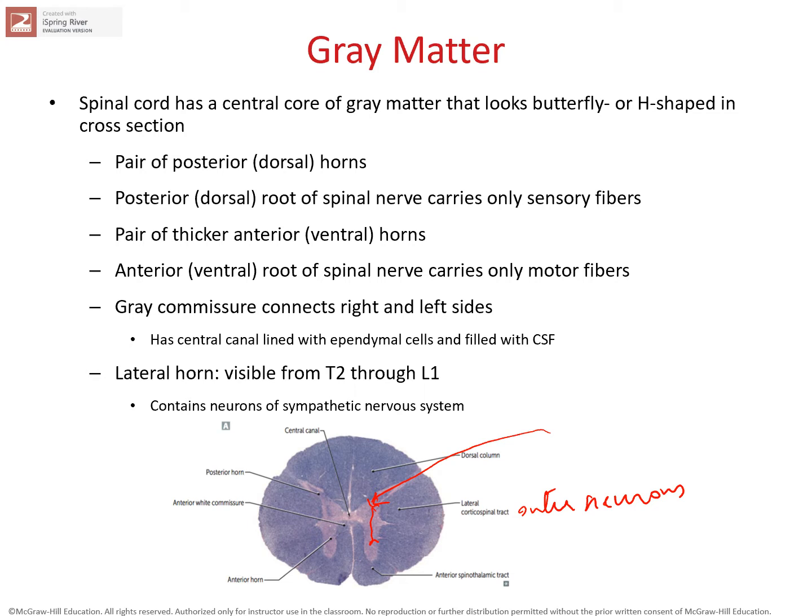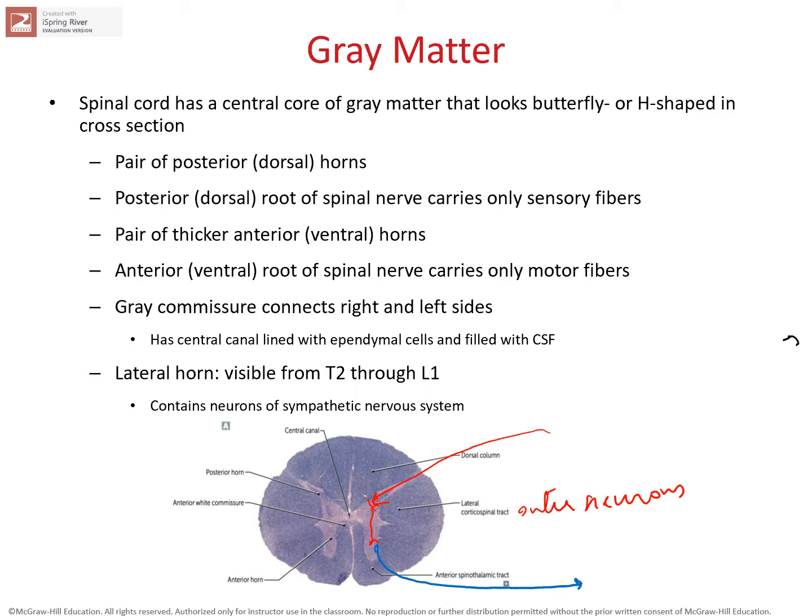And at the other end of the gray matter, you'll have the anterior or the ventral root of the spinal nerve, and the anterior or ventral root carries only motor fibers. So the motor fibers will exit from the front of the spinal cord.